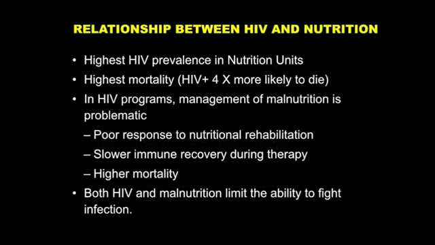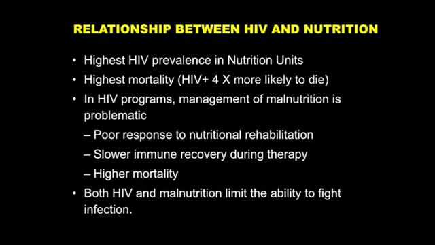In the relationship between nutrition and HIV, you'll find the highest prevalence of HIV amongst children with malnutrition in nutrition units. There was a study in Uganda where they were looking at where the children with HIV are, and it was found that children with HIV are found in the nutrition units.